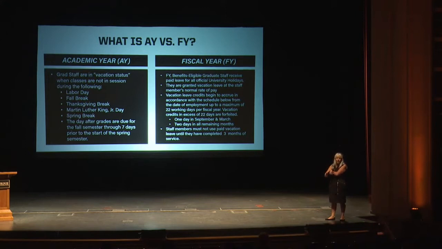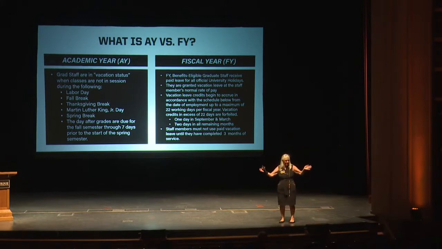When the university is closed on a legal holiday, you don't have to take that as a vacation day, like Labor Day. The president usually signs off on the days between Christmas and New Year's, and we shut down, so you don't have to use vacation days for Christmas Day to New Year's Day, which we all love when the president does that.